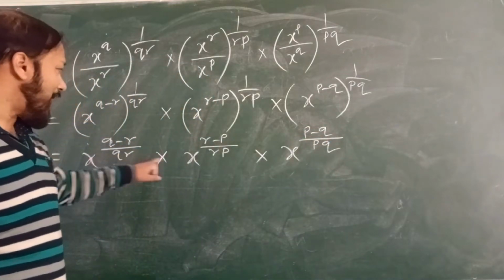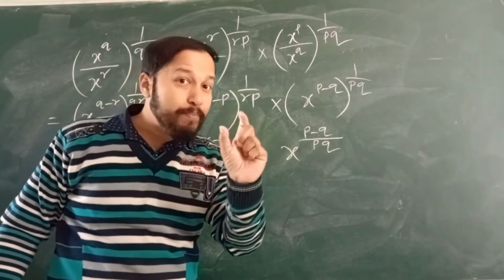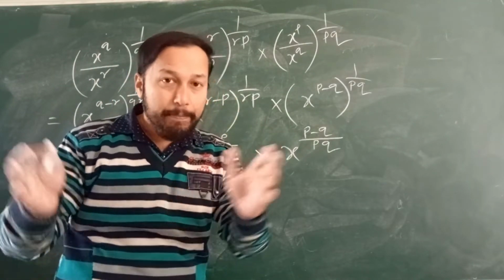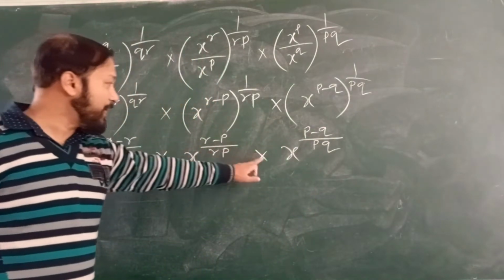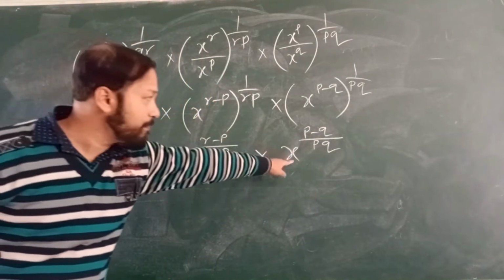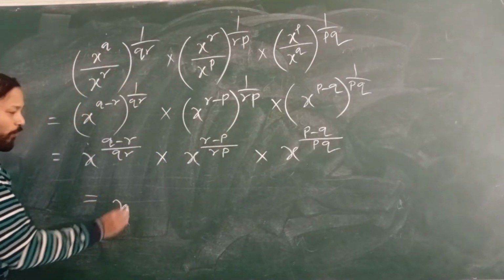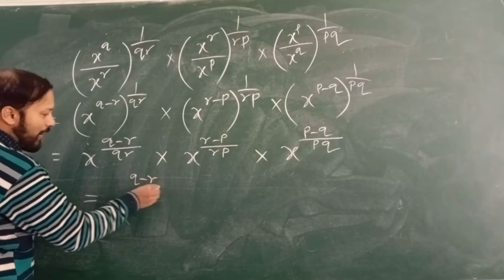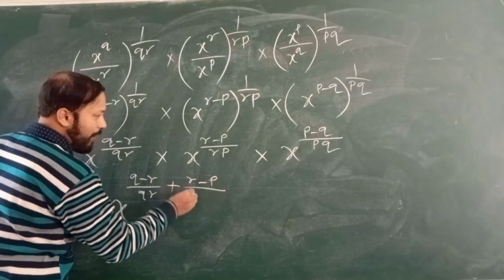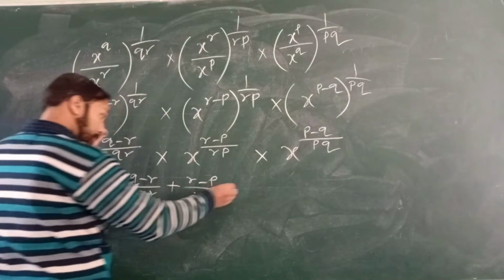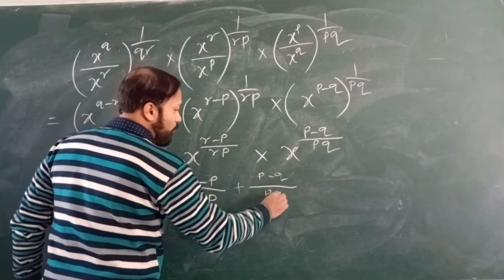Now see, bases are the same. I told you in the first part of this video that if bases are the same, then in case of multiplication, the powers will be added. So it equals x to the power (q minus r) by qr plus (r minus p) by rp plus (p minus q) by pq.